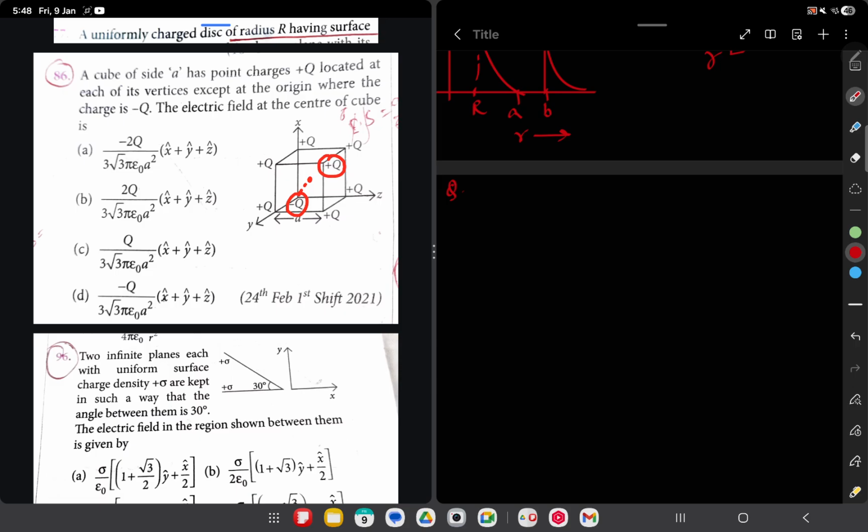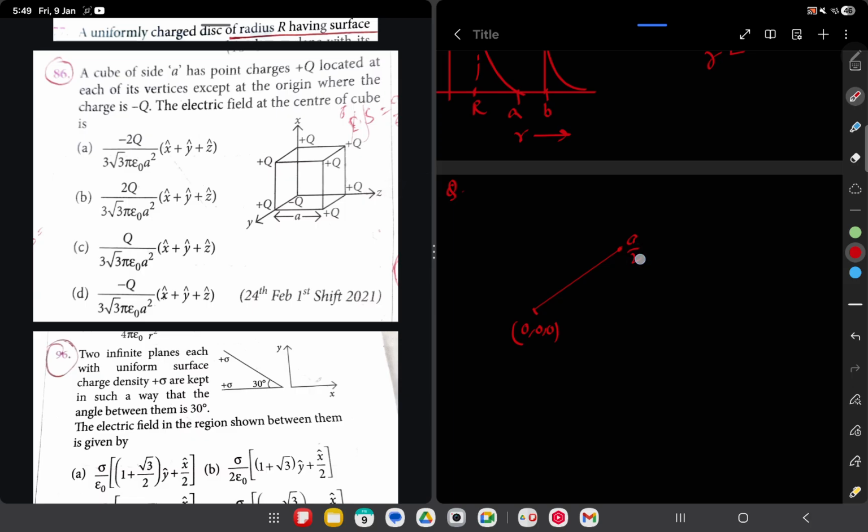So let's say this minus q has coordinate 0, 0, 0, and the cube center will have coordinate a by 2, a by 2, a by 2, since the side is a.